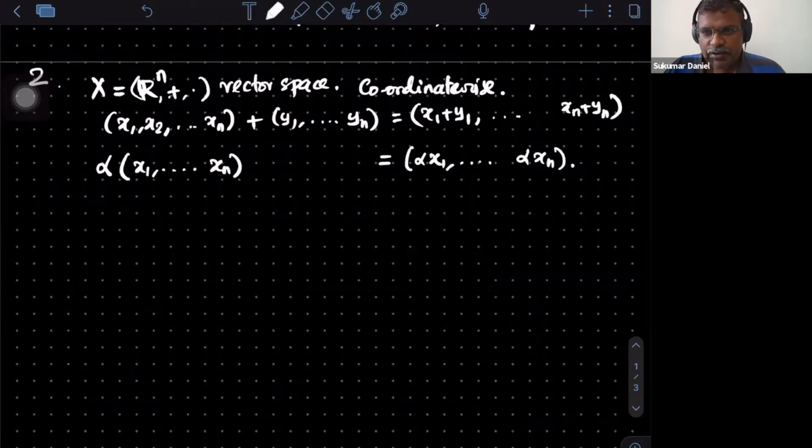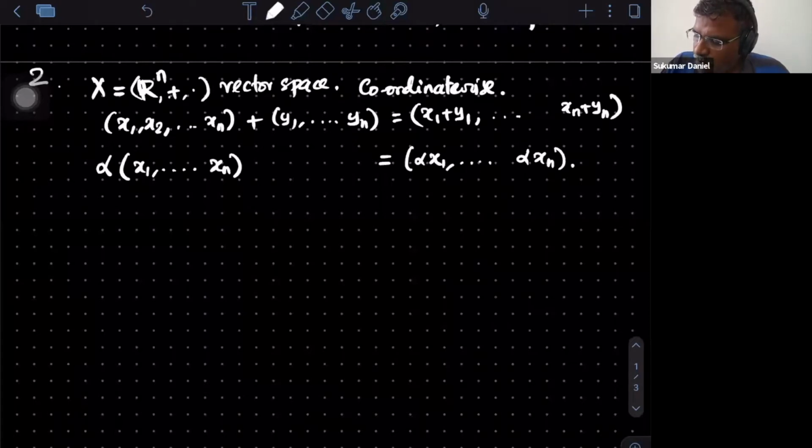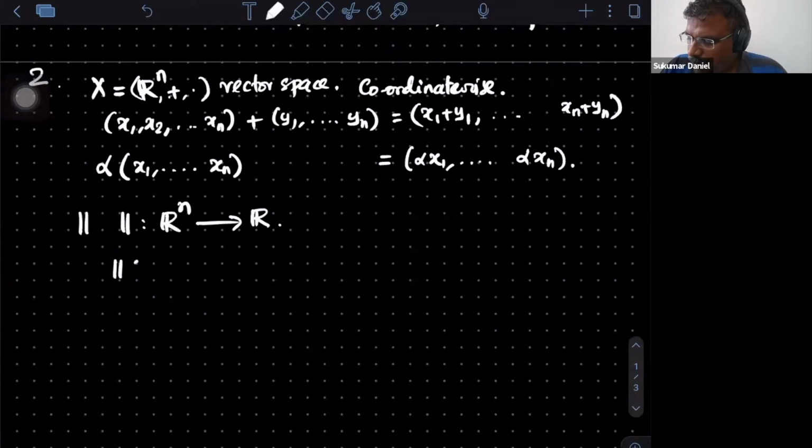Now we are trying to define a norm. The norm that I want to define should be a function from, of course, Rn to R. So the definition is this: norm of x. Right now we have to be a little careful.